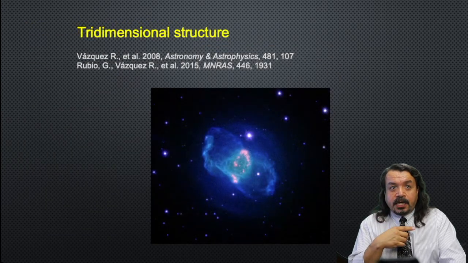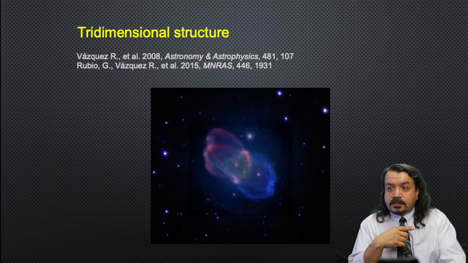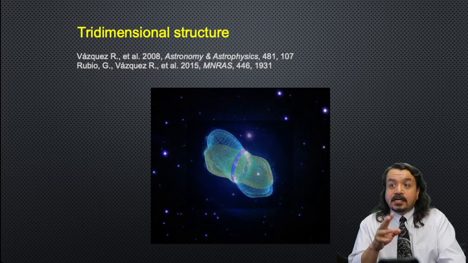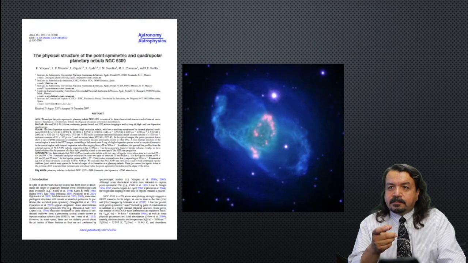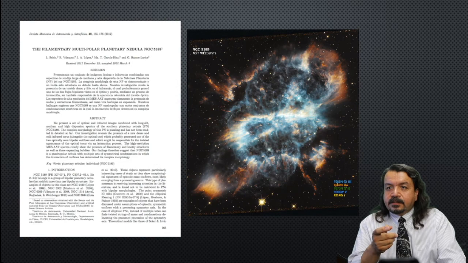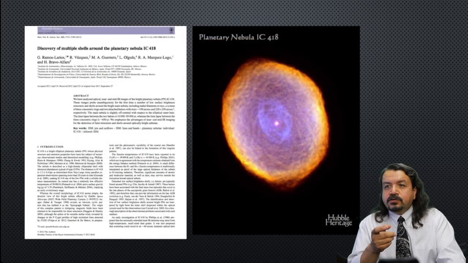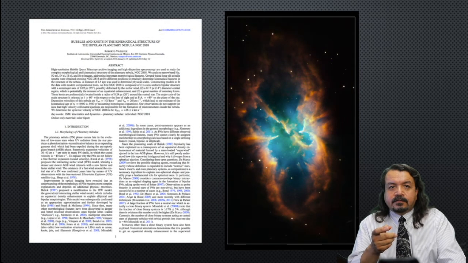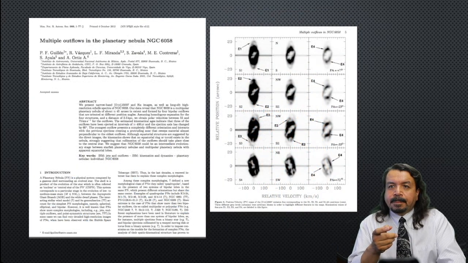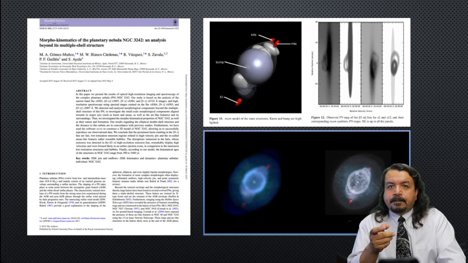This is an image, and the interpretation is this: two bipolar flows and one ring that match the spectra. These others are other cases, and we will work with other objects, examples of models and nebulae, and these are the articles we have published in different journals for professional astronomy. Many are works from our students.